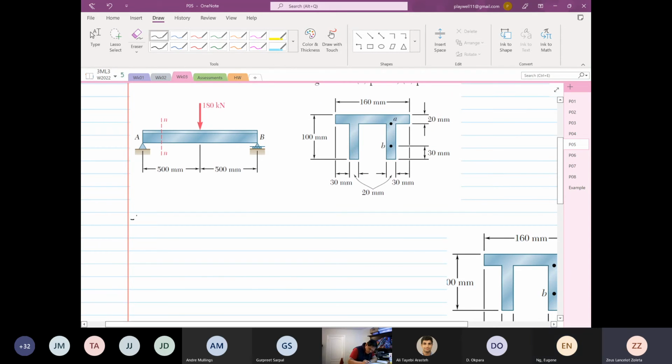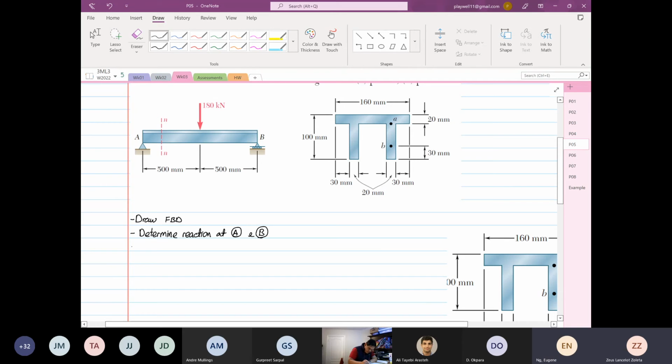draw our free body diagram, which you all know very well. Then after that, we're going to calculate or determine reactions at point A and point B. Okay.